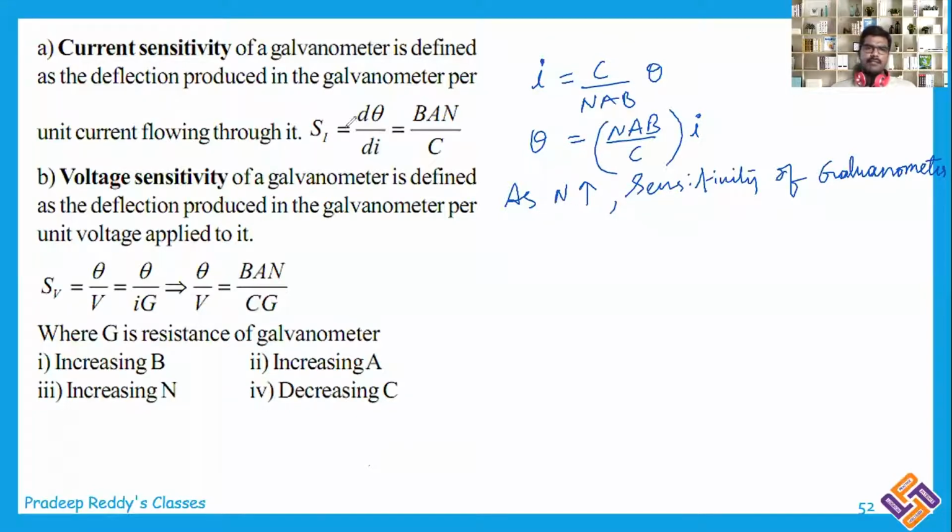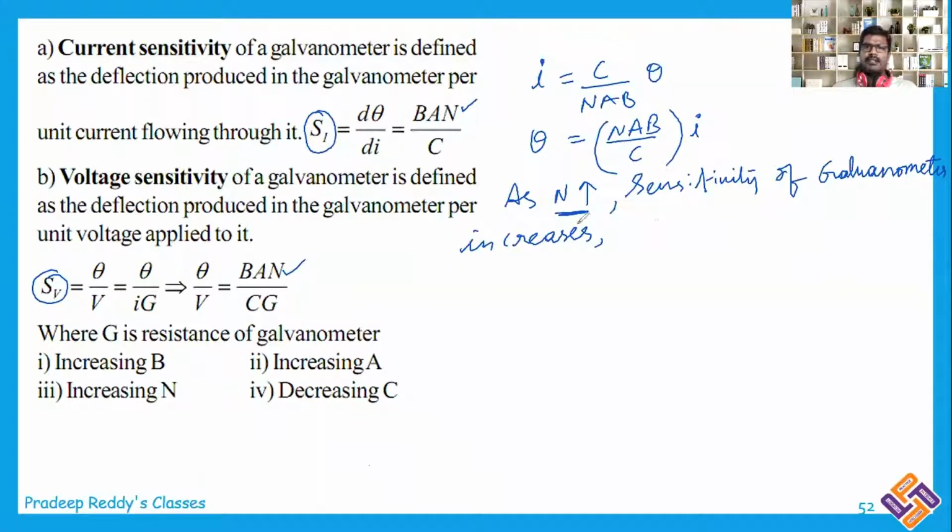See, current sensitivity is BAN by C. Voltage sensitivity is BAN by CG. In both cases, N is in the numerator. Therefore, as you increase the number of turns in the coil, the sensitivity of the galvanometer increases. As sensitivity increases, it is able to measure very small amounts of current and voltage if there are a greater number of turns.